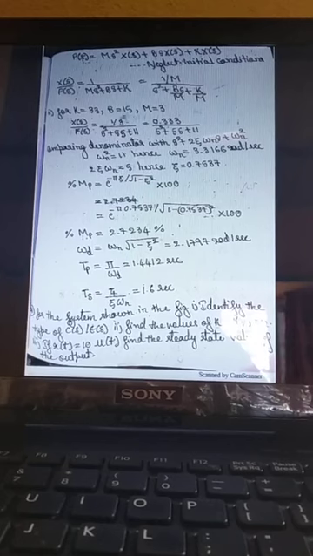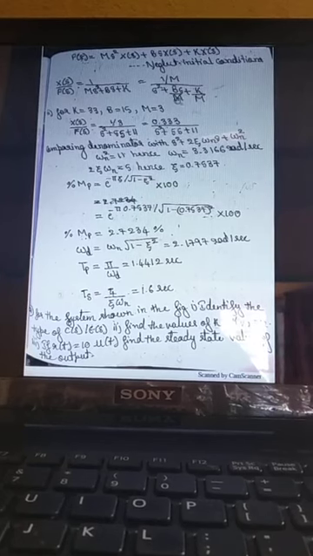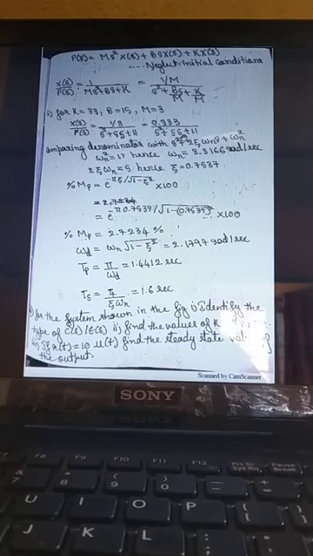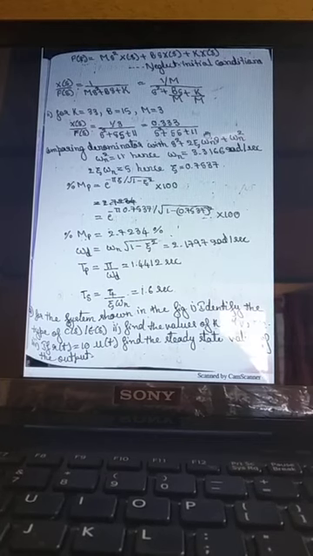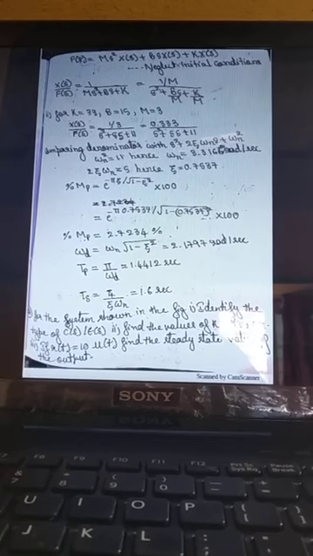You write the transfer function here. Substitute the m value, b value, k value. If you substitute, you will get 0.333 divided by s square plus 5s plus 11. Compare the denominator with the standard form s square plus 2 zeta omega n s plus omega n square.